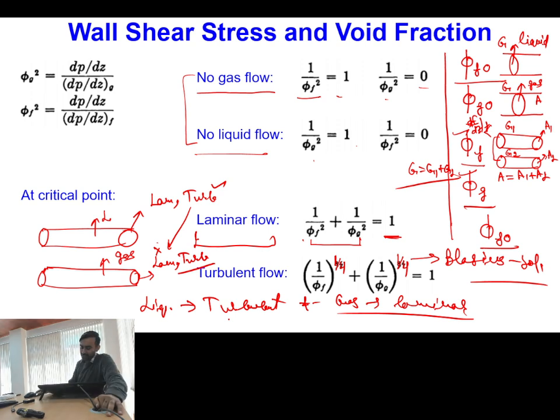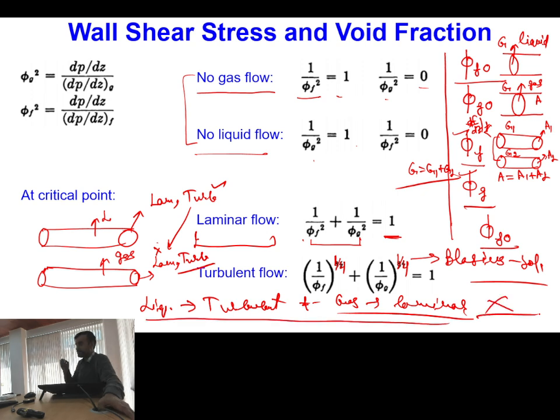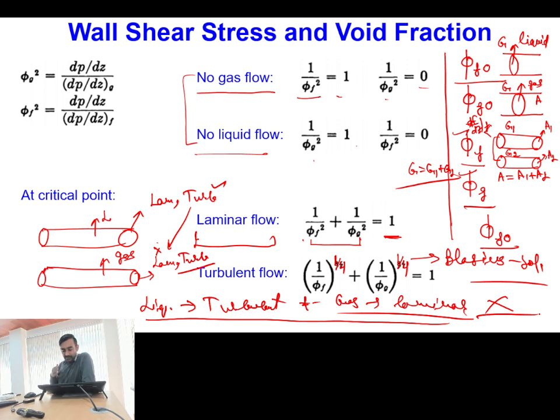So typically when experiments have been done in the past, of course this type of combination was rarely studied, and whatever values of these multipliers phi you find, you find them majorly for other situations like liquid laminar gas turbulent, both turbulent, and liquid turbulent and gas laminar.